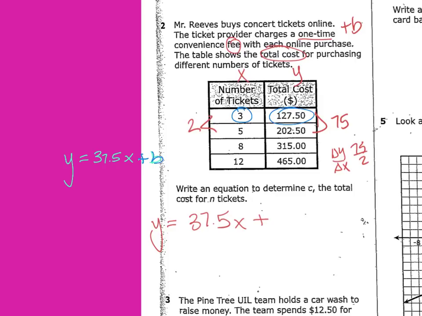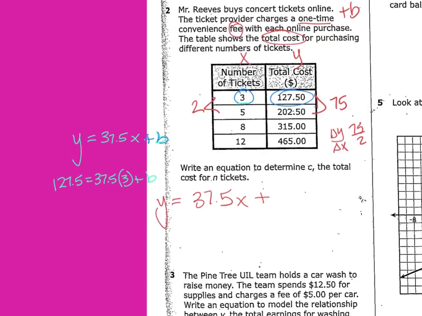So let's see what happens when I plug that in. So y should be 127.5, and 37.5 times 3 plus your b value. So 37.5 times 3 is 112.5 plus b equals 127.5.